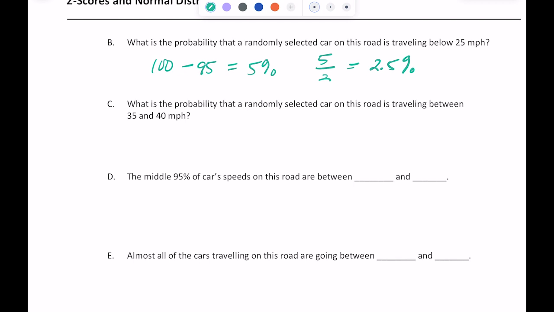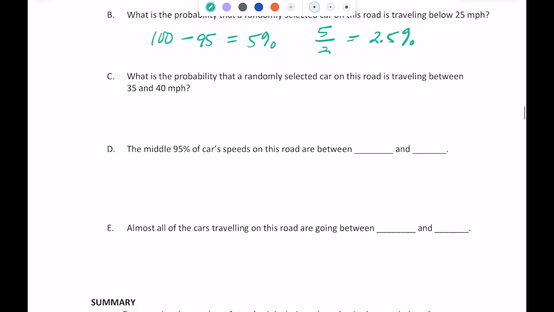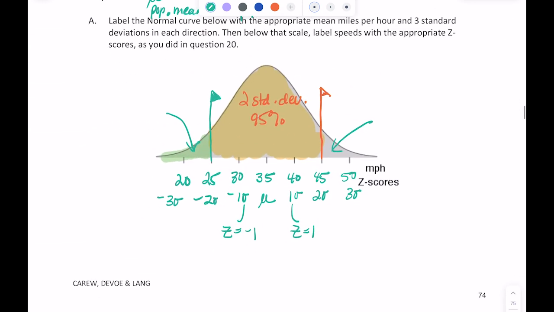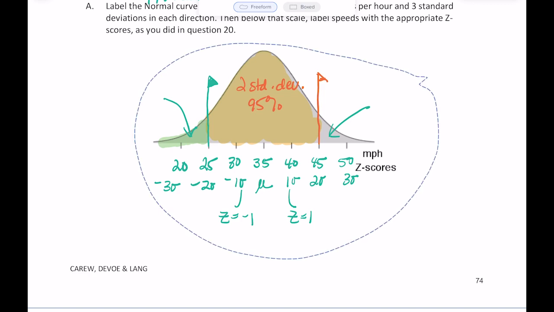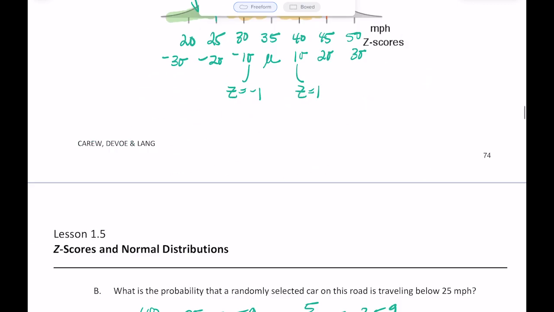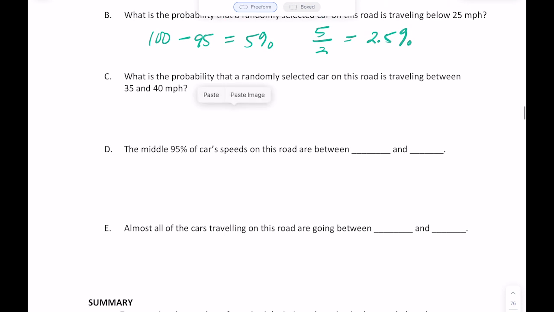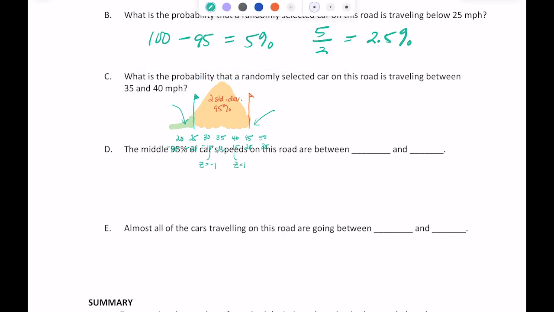Now I want to know, what is the probability that a randomly selected car on this road is traveling between 35 and 40 miles per hour? Okay, so I'm going to take this picture here, and I'm just going to copy paste. I'm going to shrink it down.